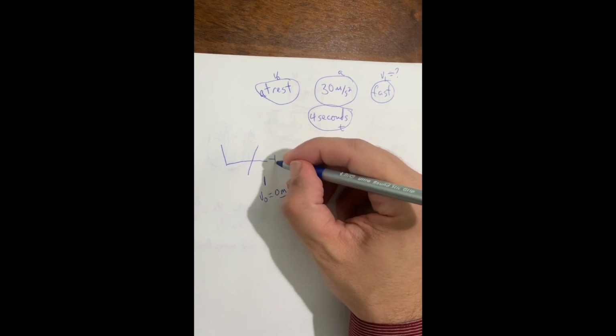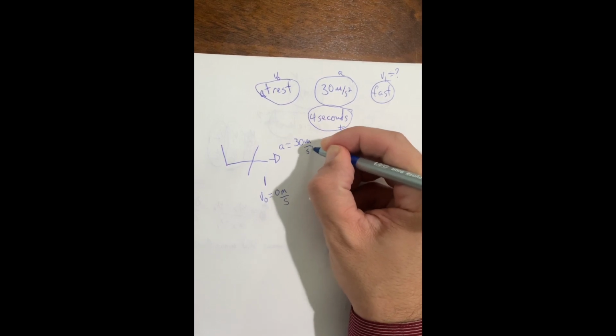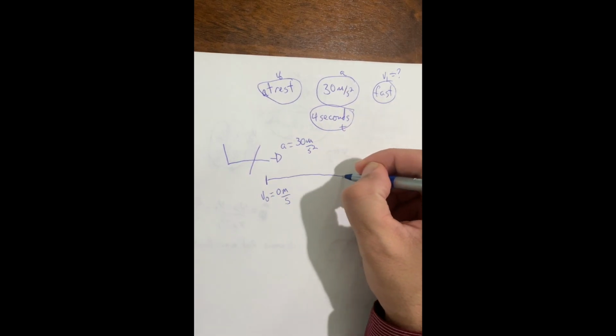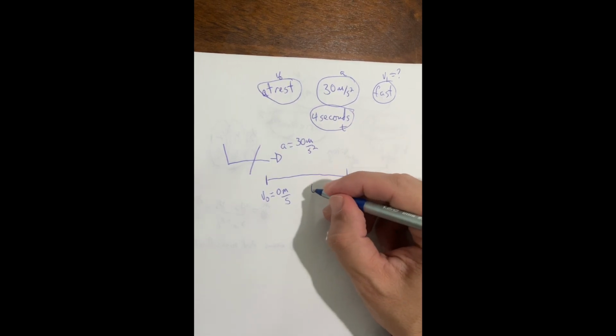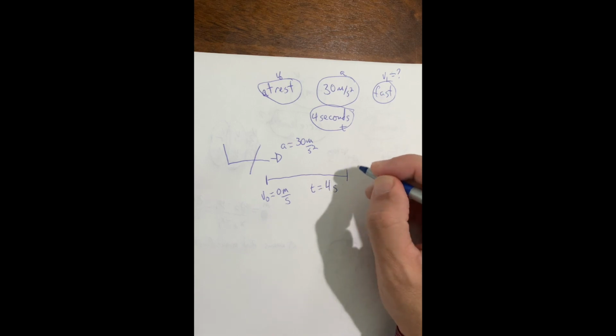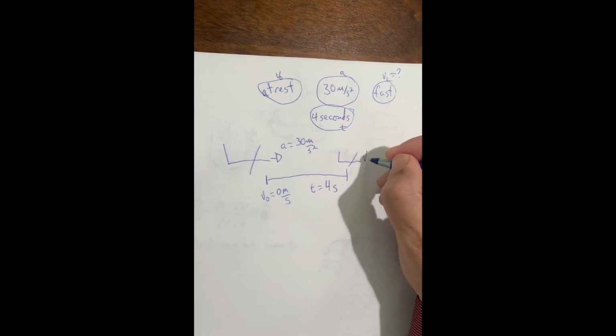And then it's going to accelerate at 30 meters per second squared for 4 seconds. So it's going to take time of 4 seconds to accelerate. And at the end of that time, what is the second velocity?